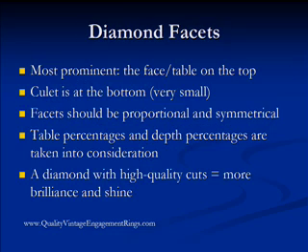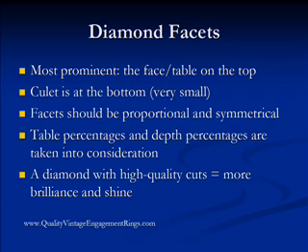Now, there are lots of different types of diamond facets that can be looked at. Most diamonds have 2 main facets. The most prominent facet is the face, or the table of the diamond, which is the flat top of the diamond. And it's always very important that that is a good cut, because that's the part of the diamond that everyone is going to see first.